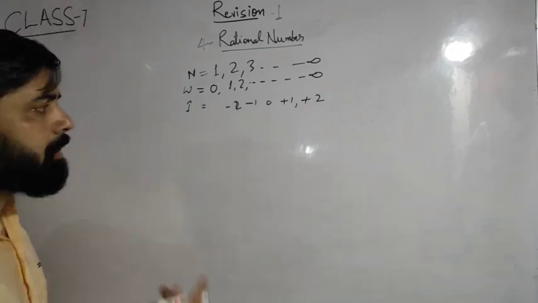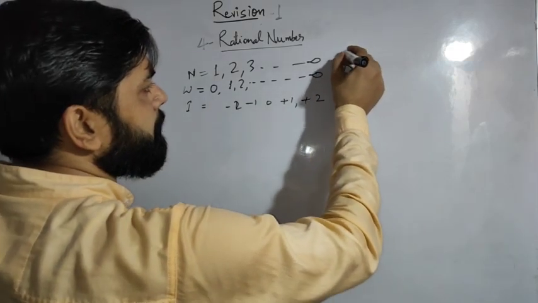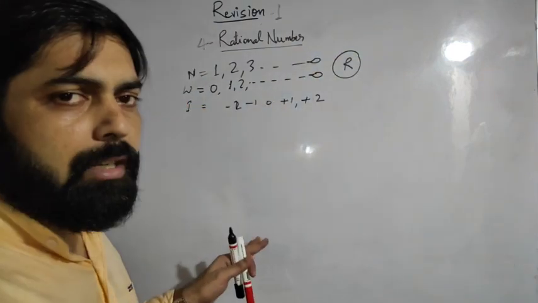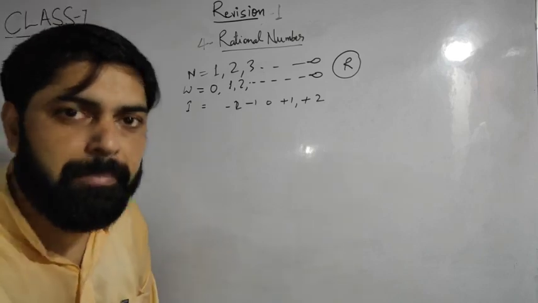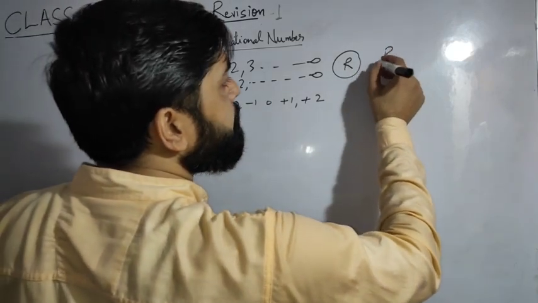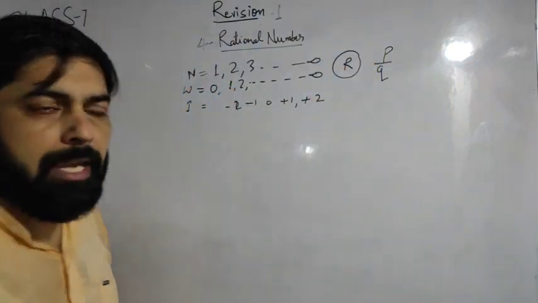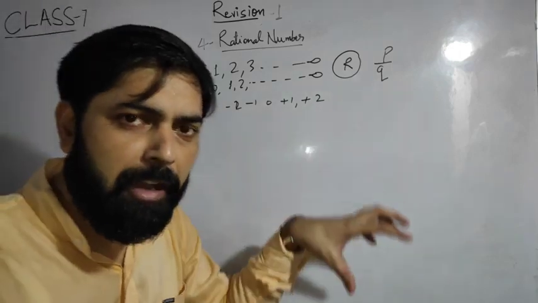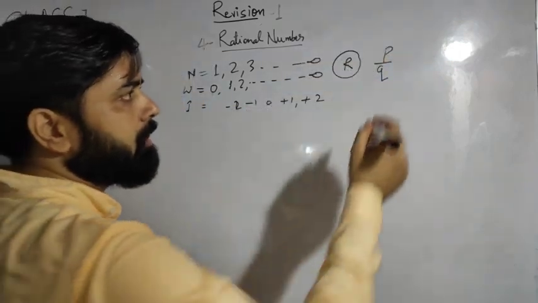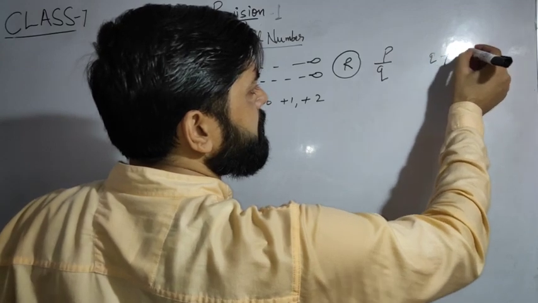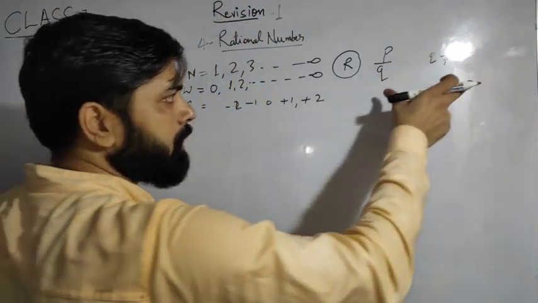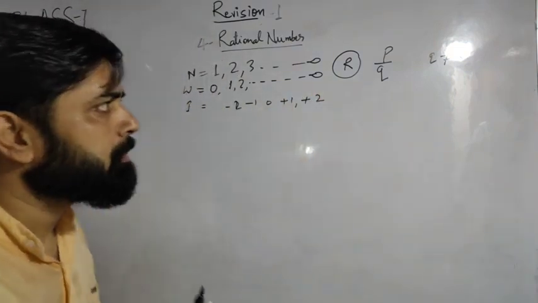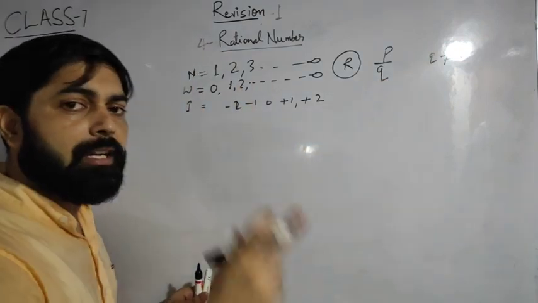Now rational numbers. What is a rational number? Rational numbers are always denoted by Q. When we can write a number in the form of p upon q, where q is not equal to 0, that number is known as a rational number.